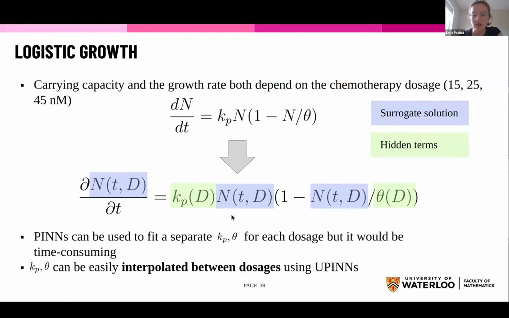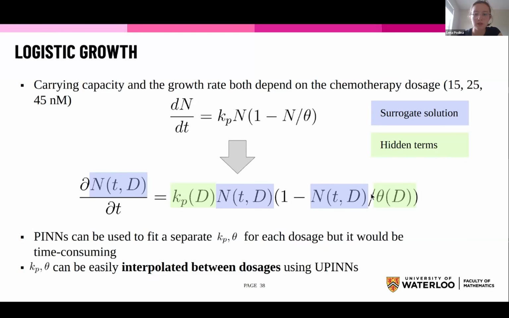So we have a neural network for that as the surrogate solution. And then Kp, instead of being constant, is a function of dosage. Theta is a function of dosage as well. So these are the hidden terms.